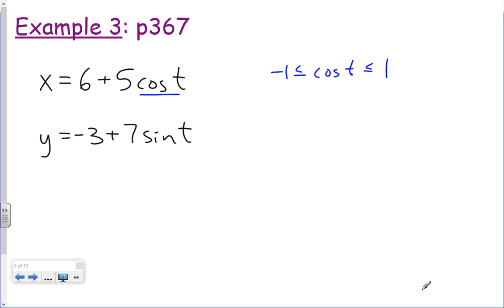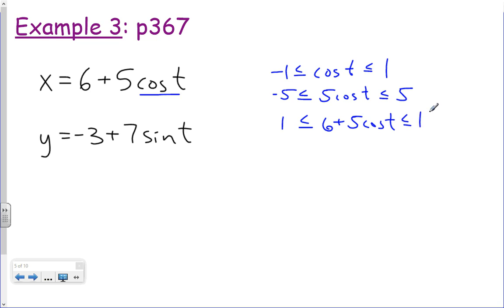If I multiply by the 5 that I see there, I would have negative 5 is less than or equal to 5 cosine of t, which is less than or equal to 5. And now let's add on the 6. Add 6 to everything. 6 plus a negative 5 is going to be a positive 1. We'll have 6 plus 5 cosine of t. And adding 6 onto the 5 gives us 11.